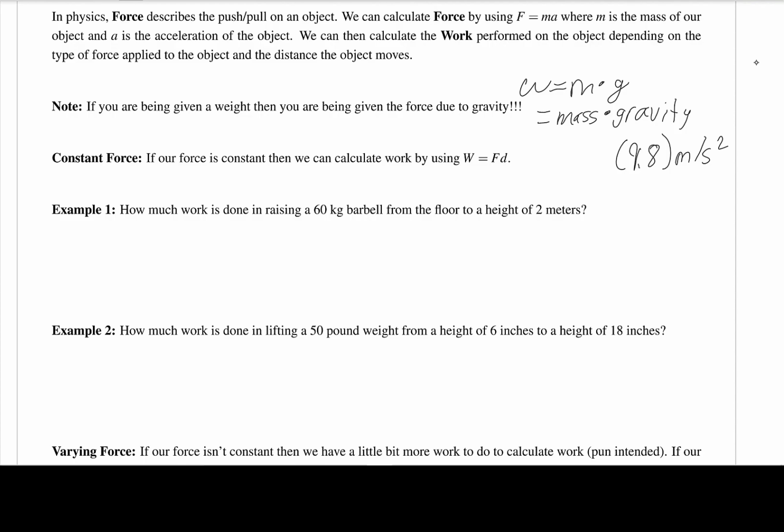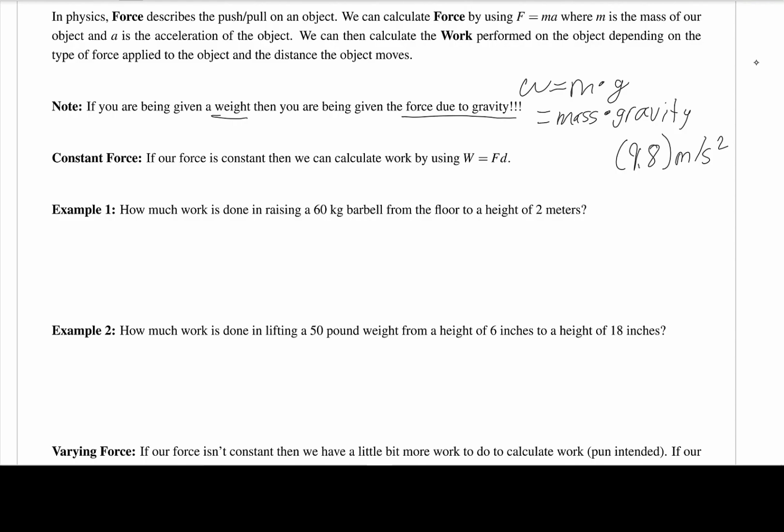I'm used to saying 9.81, but we'll go with what the textbook wants to say, right? It's just how accurate do we need to be about our weights, which will affect our work and stuff like that, right? So we can also call, like I said, weight is the force due to gravity. So if you're being given a weight, you don't need to multiply by 9.8 after that.